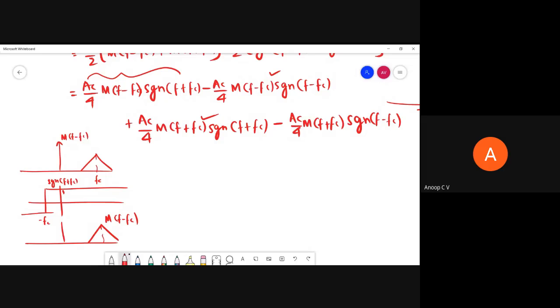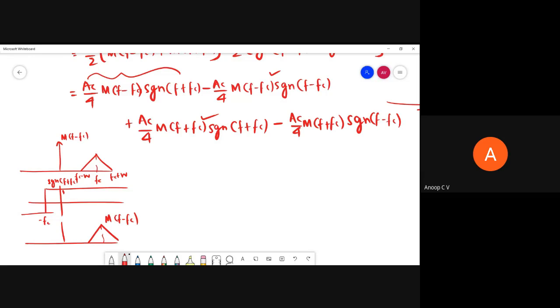How? I'll tell you. You're multiplying M of F minus FC, which is defined from FC minus W to FC plus W. Over this period, the signum is equal to 1, so if you multiply with 1, it will be the same. Otherwise, for all other frequencies, M of F minus FC is equal to 0.